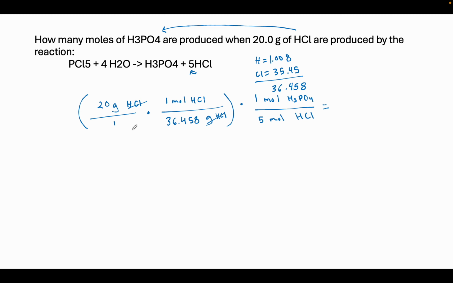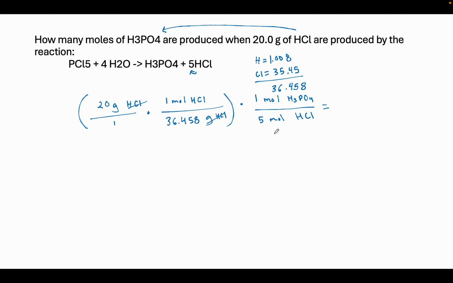The only ones that are doing 20 divided by 36.458 or something similar, close enough, are B and E. Now, we also have to go from mole of HCl to mole of H3PO4, and we divide by 5, which E does not do.